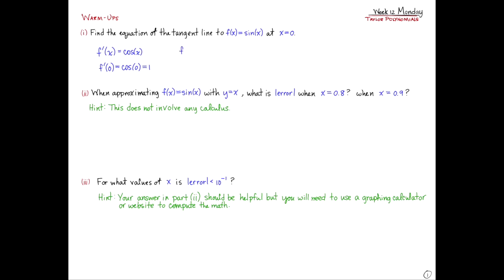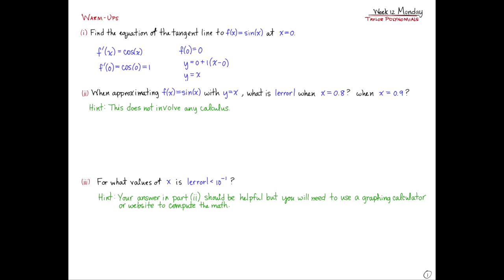F of 0 is sine of 0, which is 0. And now we have all the pieces we need to find the equation of the tangent line. y is equal to 0 plus our slope, f prime of 0, which is 1, times x minus x naught, which is 0. This simplifies down to y equal to x.